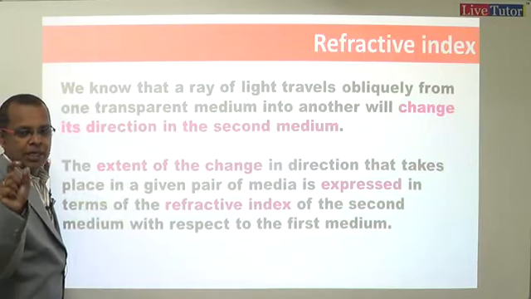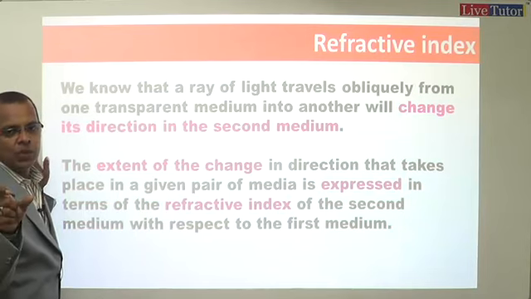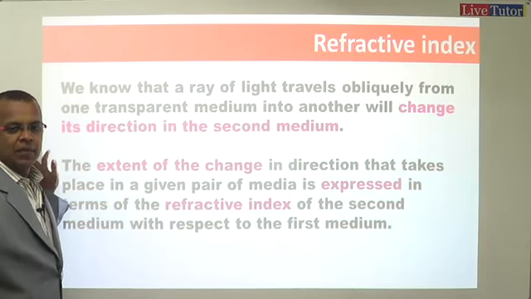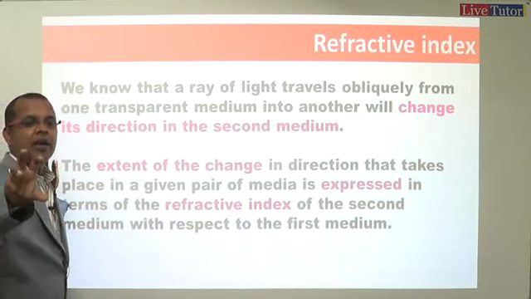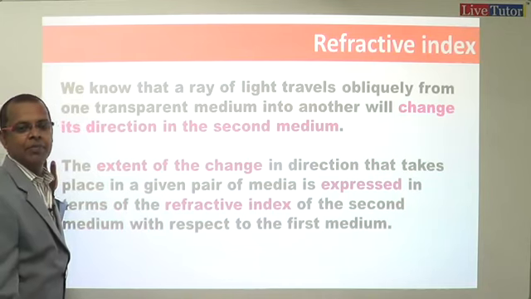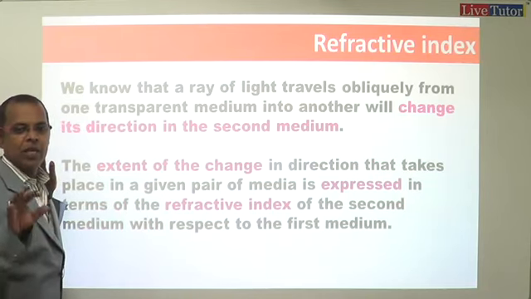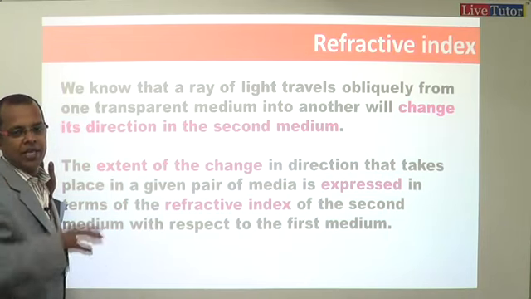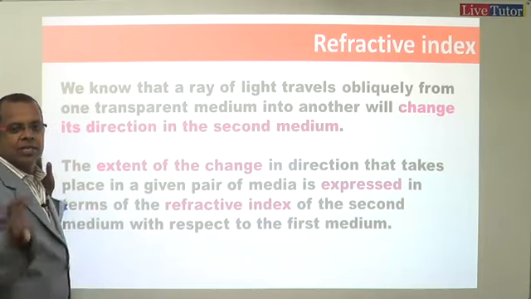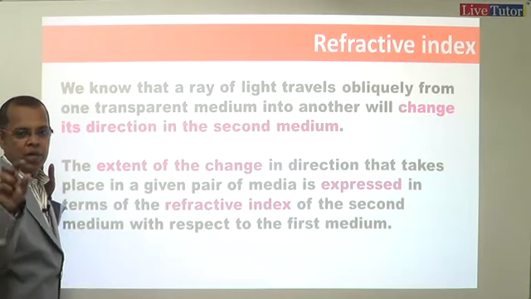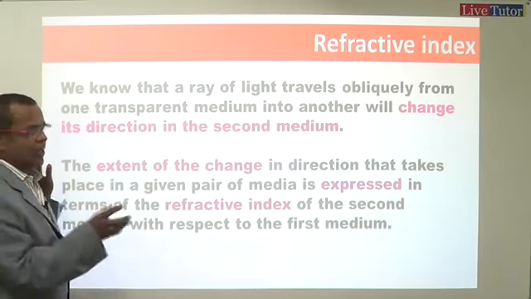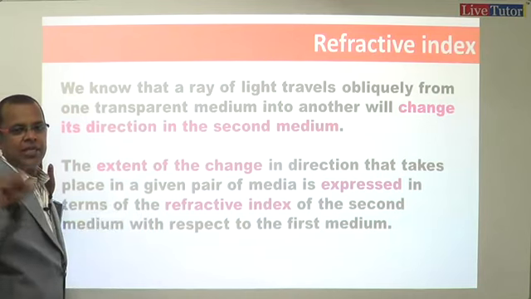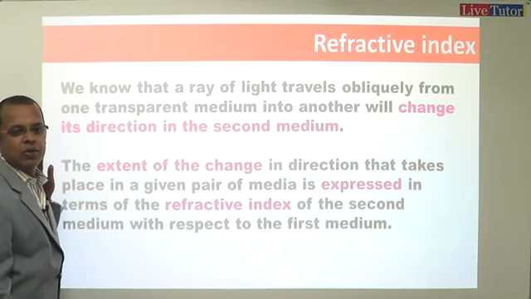By using that constant value, we can say whether the medium is a denser medium or a rarer medium with respect to light. So by using that, they design optical fiber cables and all those things.